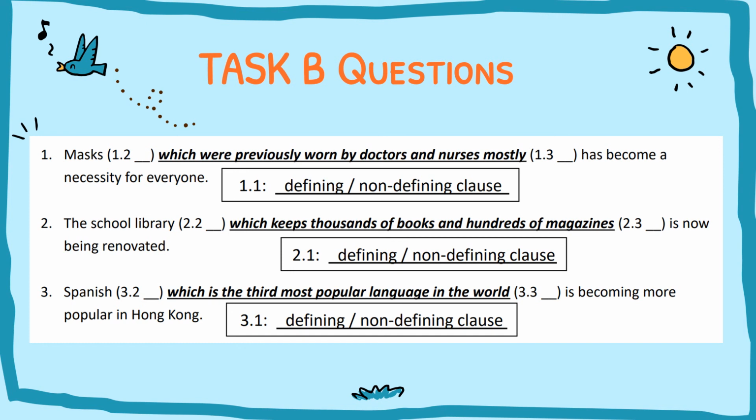And lastly, if it is a non-defining clause, you should add one comma before and the other comma after the clause. If it is a defining clause, then you just put a cross before the clause and another cross after it. That should do it. Please make good use of your time.